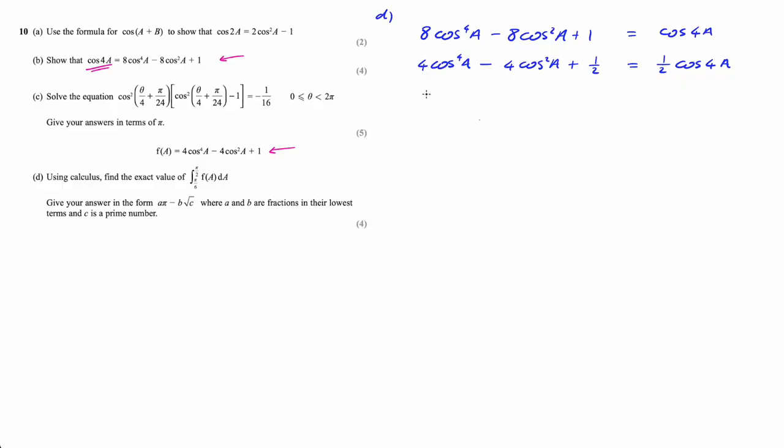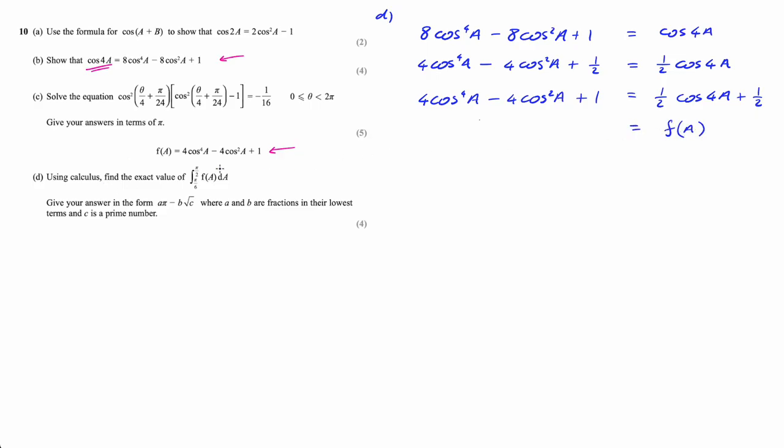So then 4 cos to the 4a minus 4 cos squared a plus 1 must equal a half cos 4a plus a half, because we've added a half to both sides. Okay, so this is now f of a.